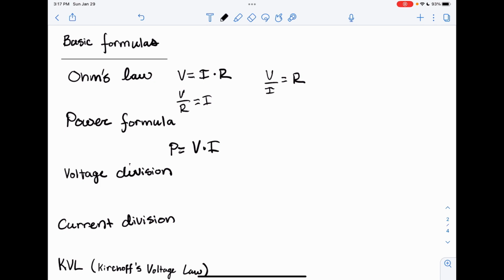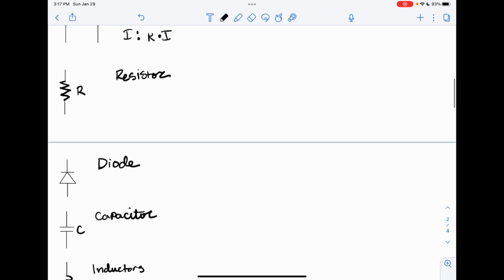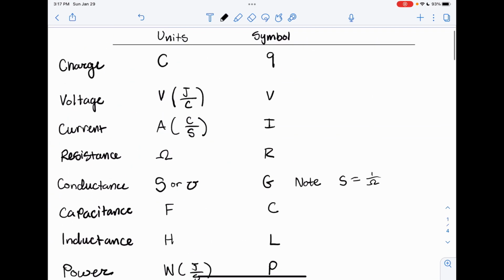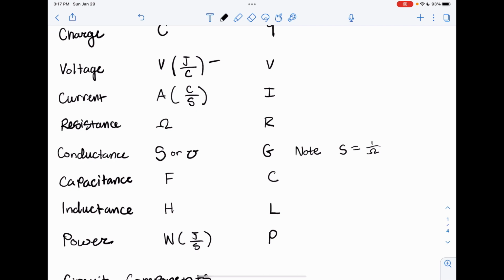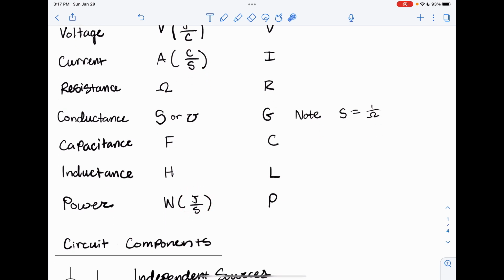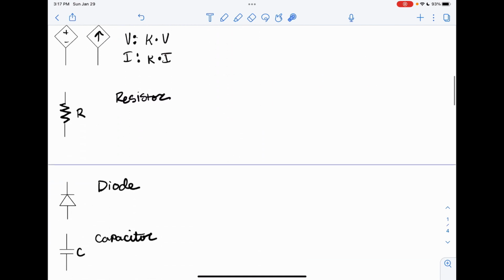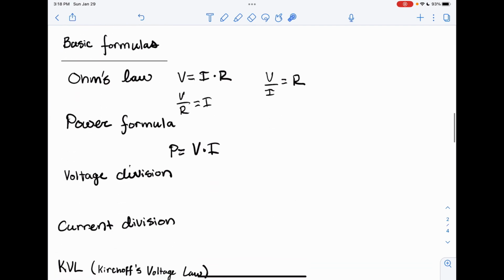Now, you'll notice, back up at the top of the lecture notes, that I have joules per coulomb here, coulombs per second here, and joules per second here. So let's see if we can figure out where power comes from, units-wise. It's in units of watts, and we know that watts are joules per second.